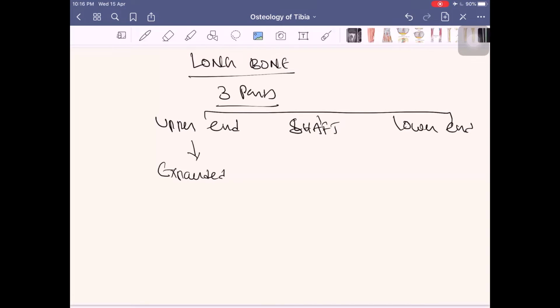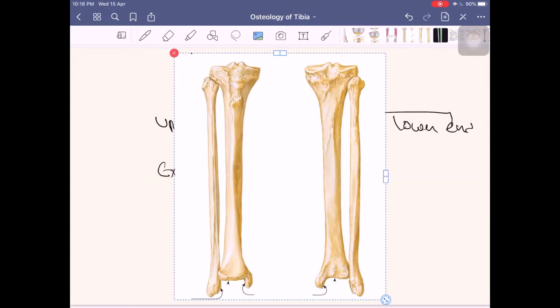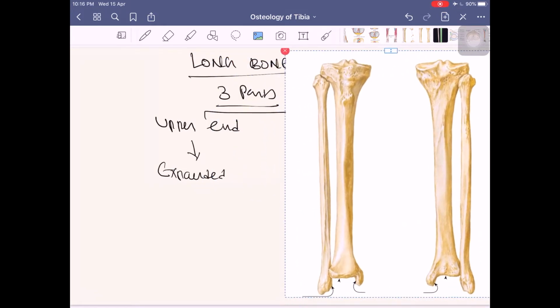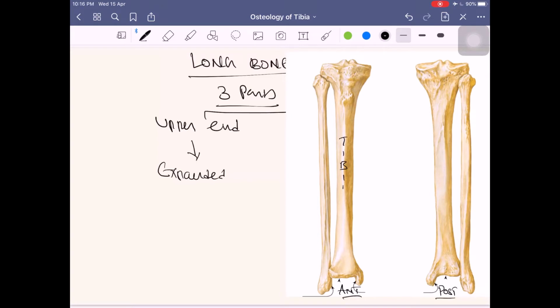So I'll bring the image also. Okay. So this one is our anterior view, and this is the posterior view. This is the thicker bone, tibia, and the lateral bone, which we will do in the next session, is fibula.